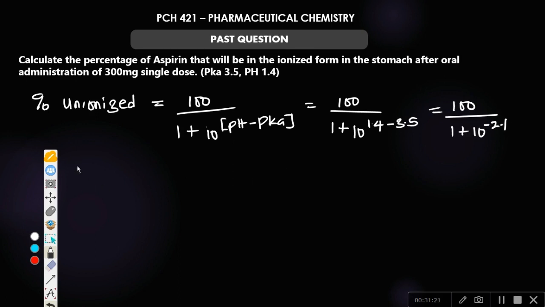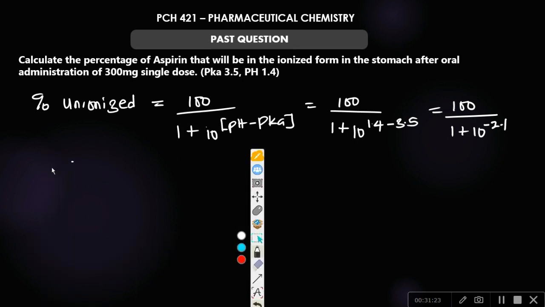And then at the end of the day, this is going to give us 100 divided by 1 plus 10 raised to the power of minus 2.1. This will give us 0.007943.